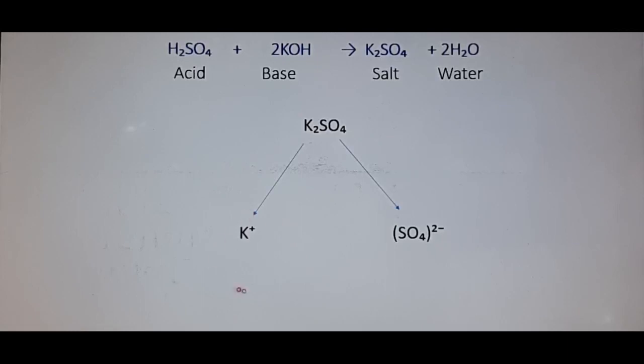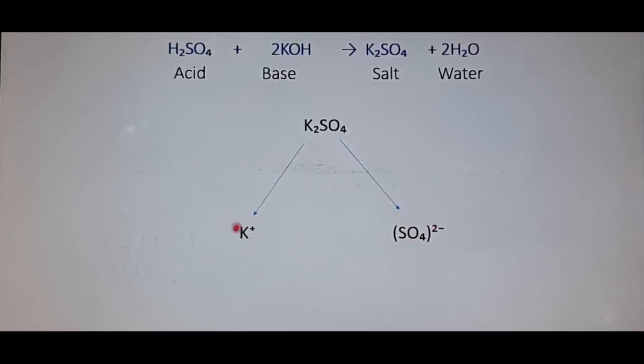It is an ionic substance. See, it's made up of ions, or it is made up of an ionic bond. These ionic bonds you have already done in 9th class. So here, simply you just have to remember these are ions. Ions means charged particles. This is a positively charged particle, and this is a negatively charged particle. So this is making an ionic substance.